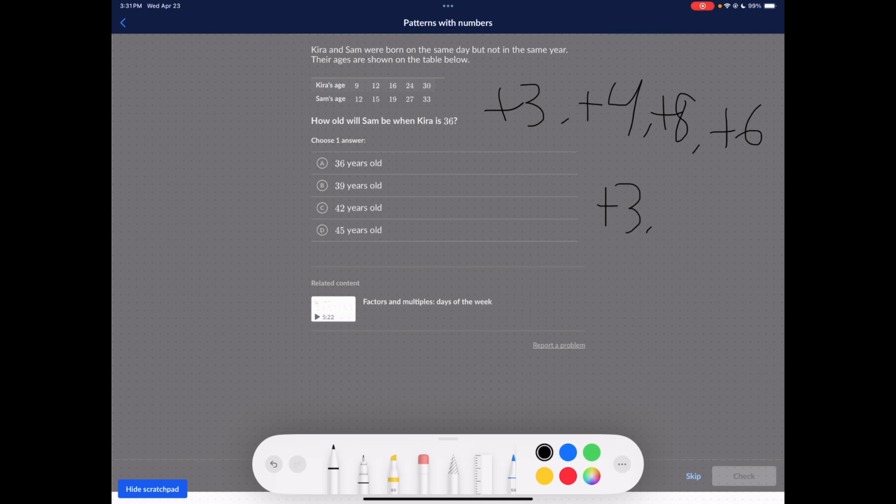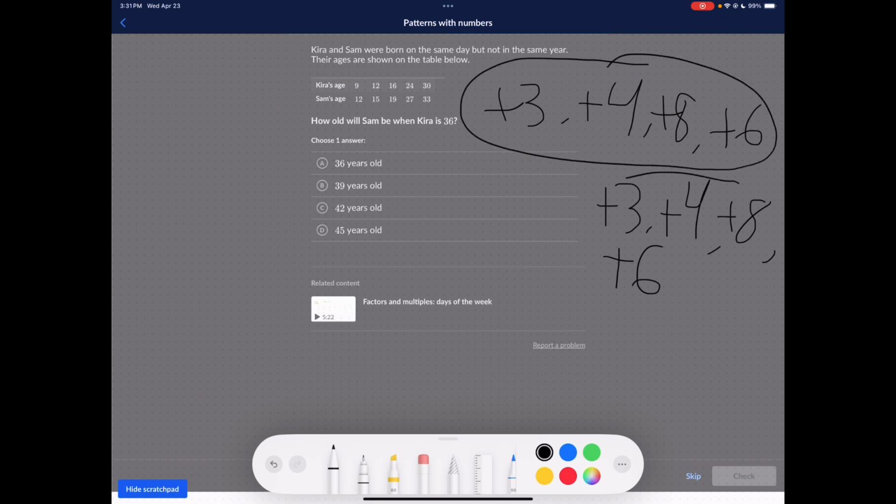And now what about this next one? To 19. 4, good. And now what about 27? 8. And the last one? 6. And you can always pause if you want to answer on your own. That's why I'm getting these pauses. And hey, what do we know? We got the exact same pattern from Kira and Sam.